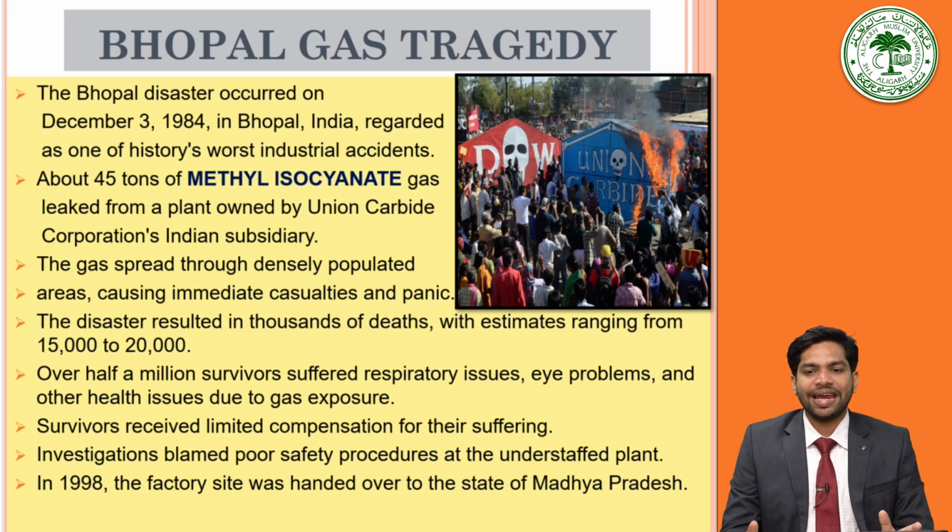In 1998, the former factory site of Union Carbide was closed and transferred to the state of Madhya Pradesh. In this way, the whole incident of methyl isocyanide poisoning occurred as the Bhopal gas tragedy. So, with this background, we will read about poisoning with methyl isocyanide in detail.